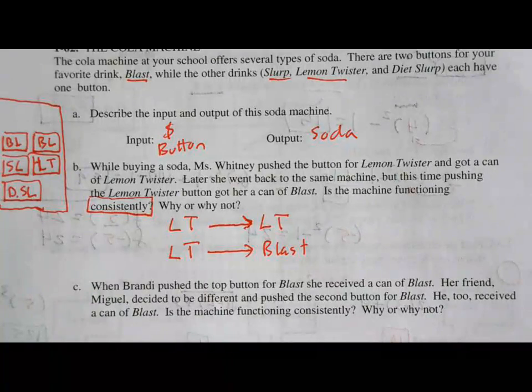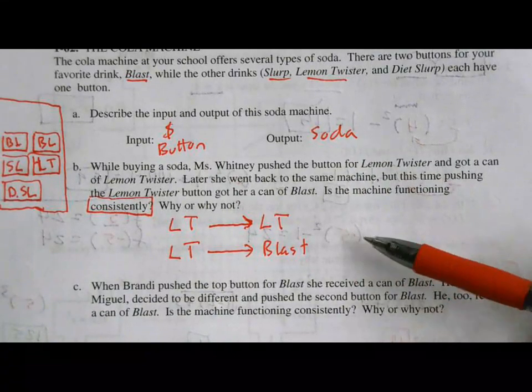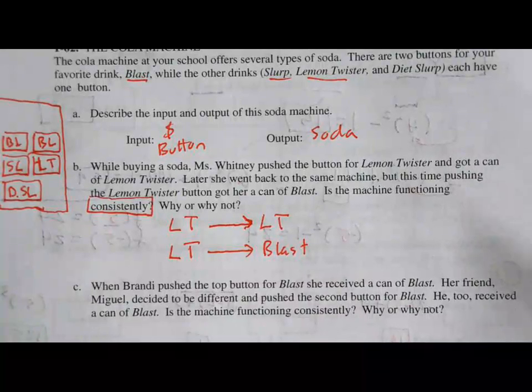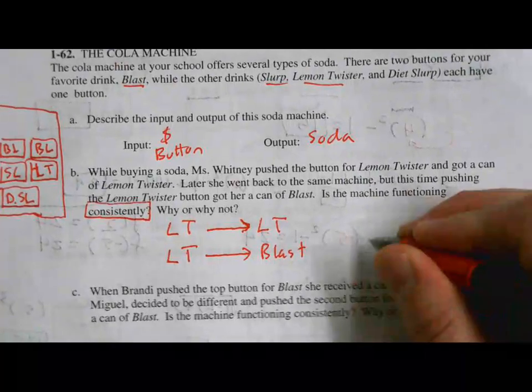What else? Any other definitions? Many of you in here are very consistent about bringing your assignments in complete. So to be consistent means regularly, always or almost always, you're doing the same thing over and over again. So the question is, is this machine functioning consistently? Is it being consistent? I'd say it's not consistent.